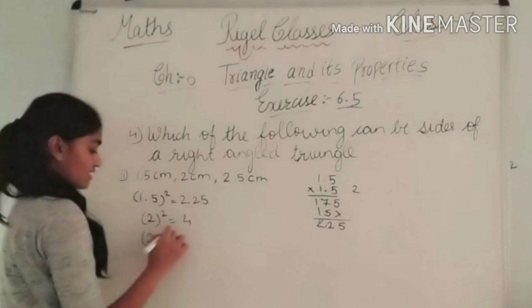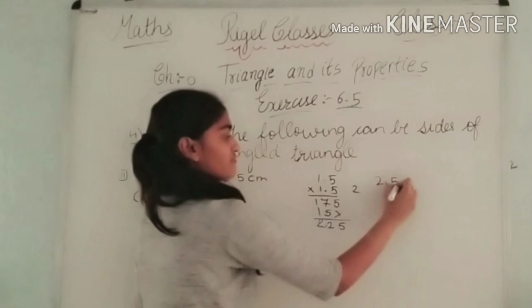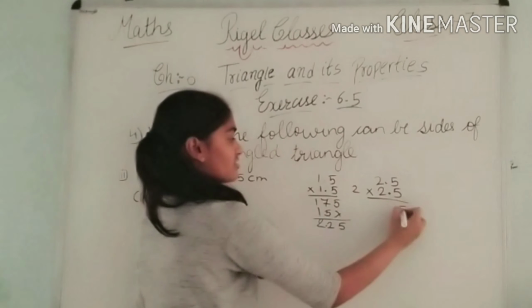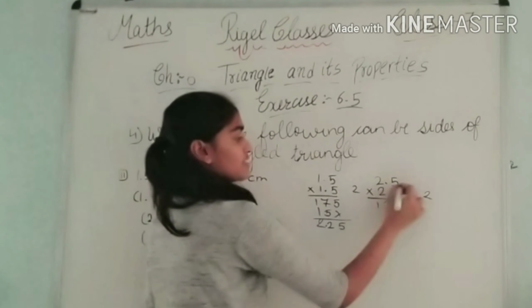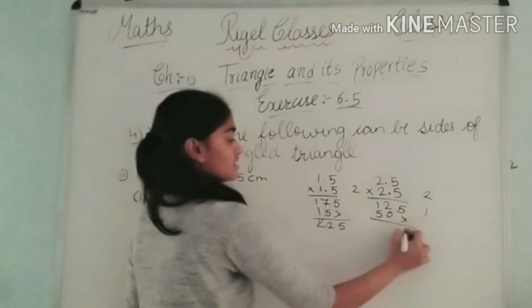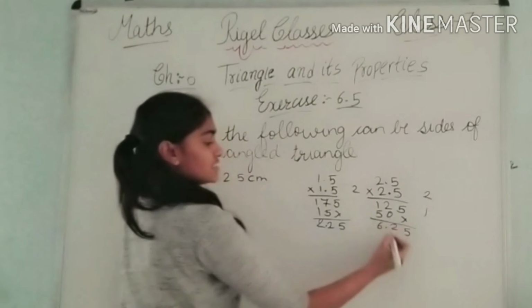Then 2.5 square. So here 2.5 into 2.5. 5 5 is 25, 2 4 carry, 5 2 is 10, 12, 5 2 is 10, 1, 2 is 4, 5. So it is 625, but decimal, so after 2 digit point.